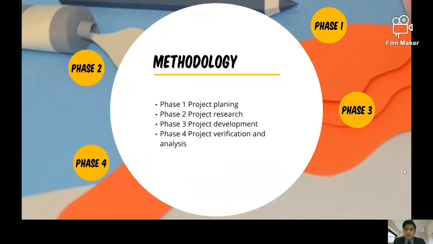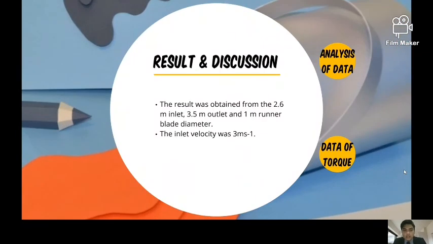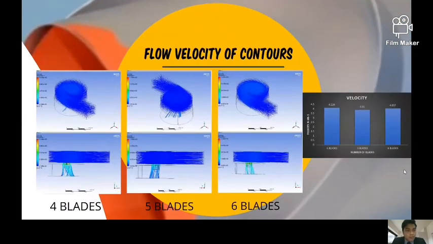Okay, move to the result and discussion. The result was obtained from the 2.6 meter inlet and 3.5 meter outlet, and the diameter of runner of blade is 1 meter. The inlet velocity keyed in the software is 3 meter per second. This is the analysis of the data.